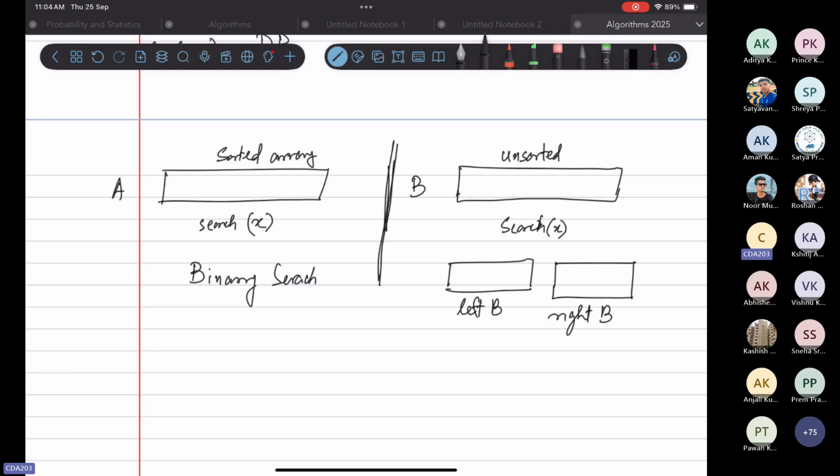So think about this approach. I have an unsorted array. I'm breaking it into equal parts, A and B, from the middle point itself, and then I search for X in both the left part and the right part recursively.